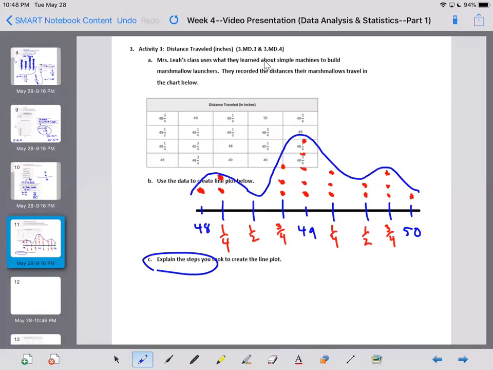As I did, I drew a horizontal line, and then I drew 3 tick marks. And I drew those tick marks here at 48, 49, and 50. And then I drew quarter marks between 48 and 49 and 49 and 50 to create 4 sections. And then finally, I just drew the dots to represent the frequency in each position. And you just draw them vertically over the specific number.